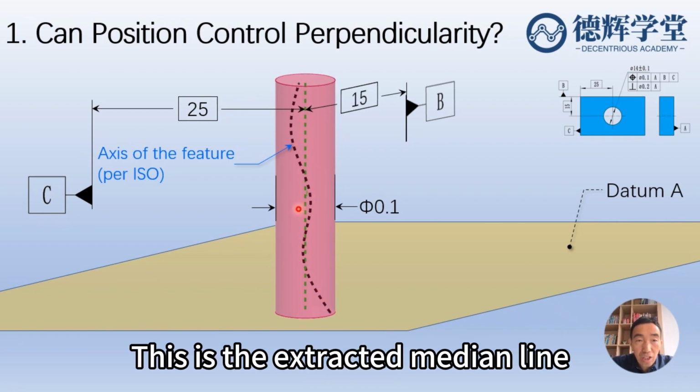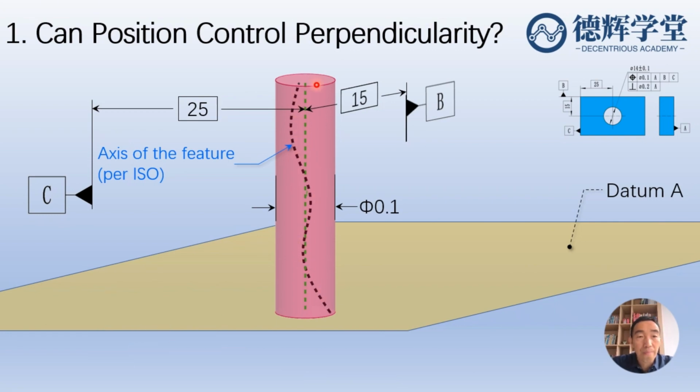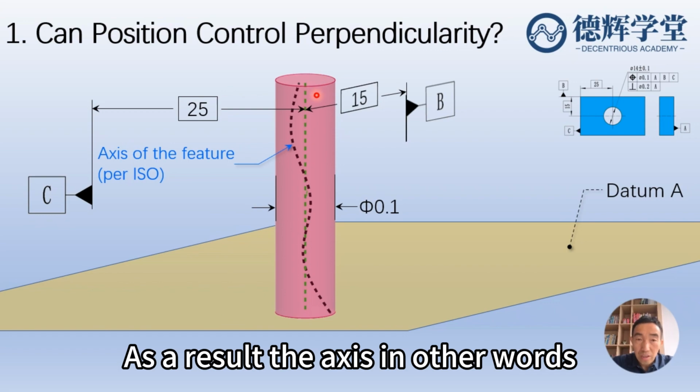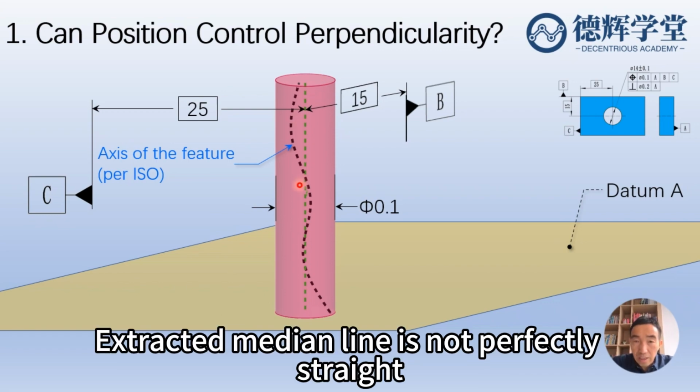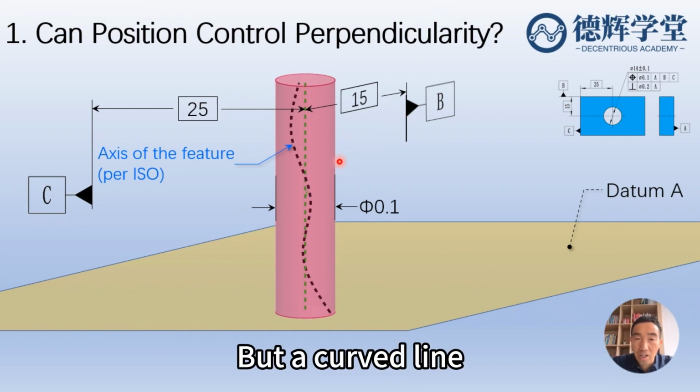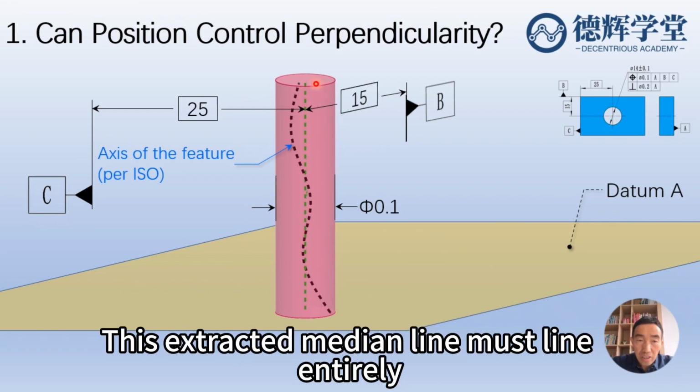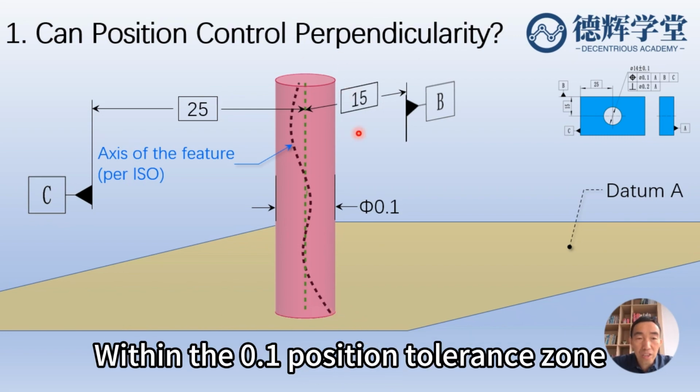This is the extracted medial line. As a result, the axis, in other words, the extracted medial line, is not perfectly straight, but a curved line. This extracted medial line must lie entirely within the 0.1 position tolerance zone.